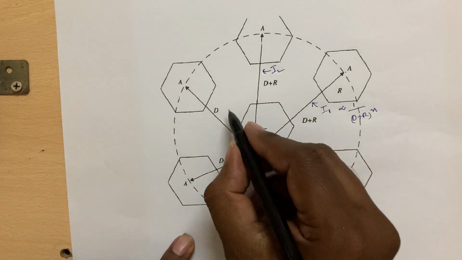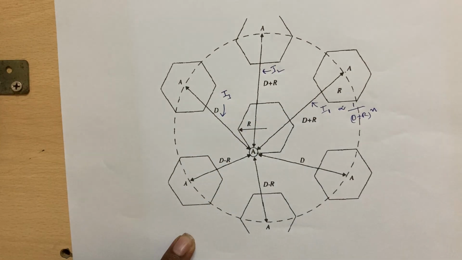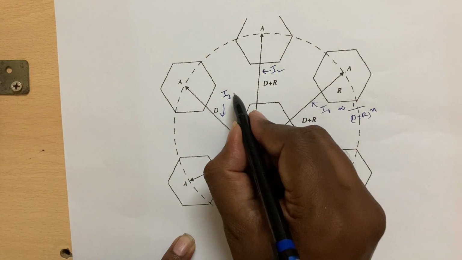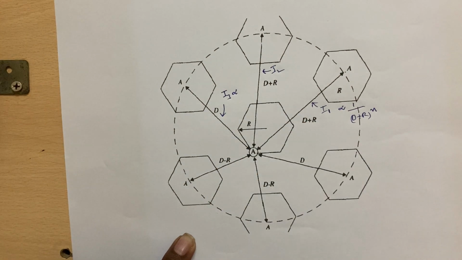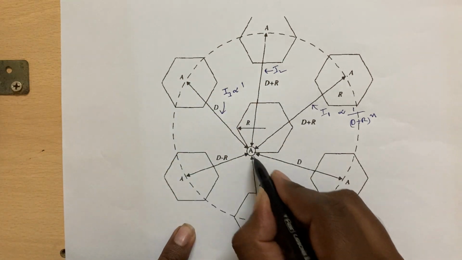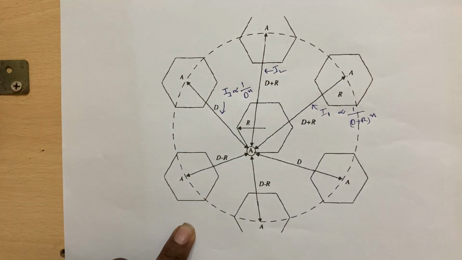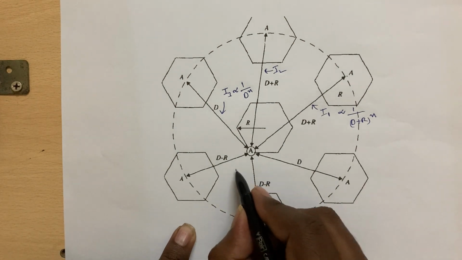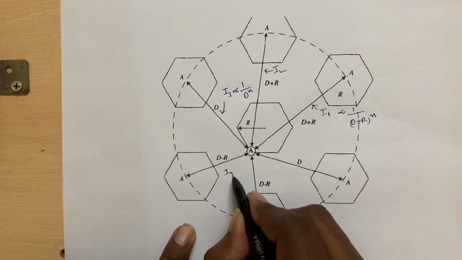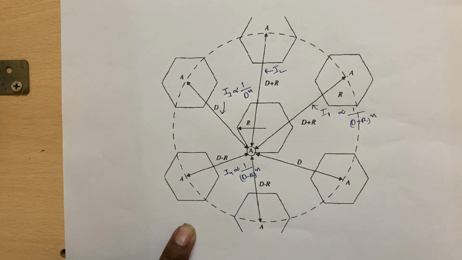And I3, if you see, it is inversely proportional to 1/D^n, since the distance is just D. And I4 is inversely proportional to 1/(D-R)^n.